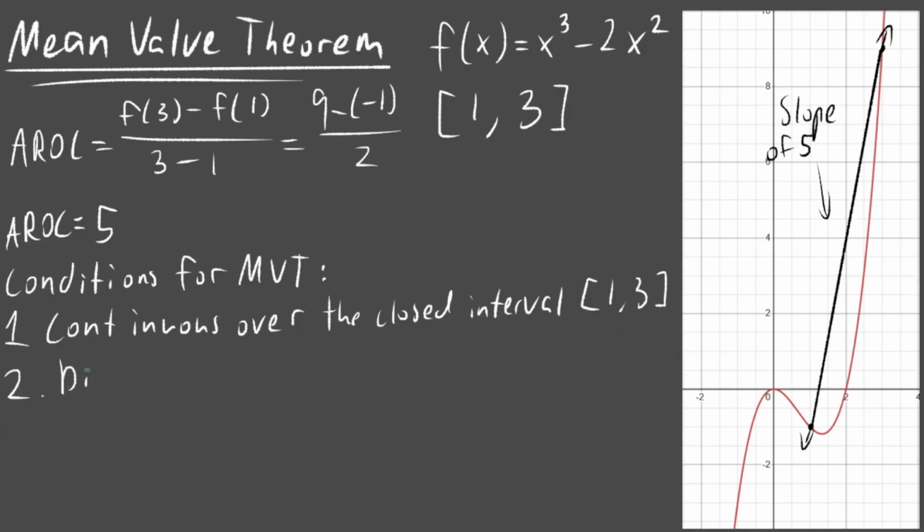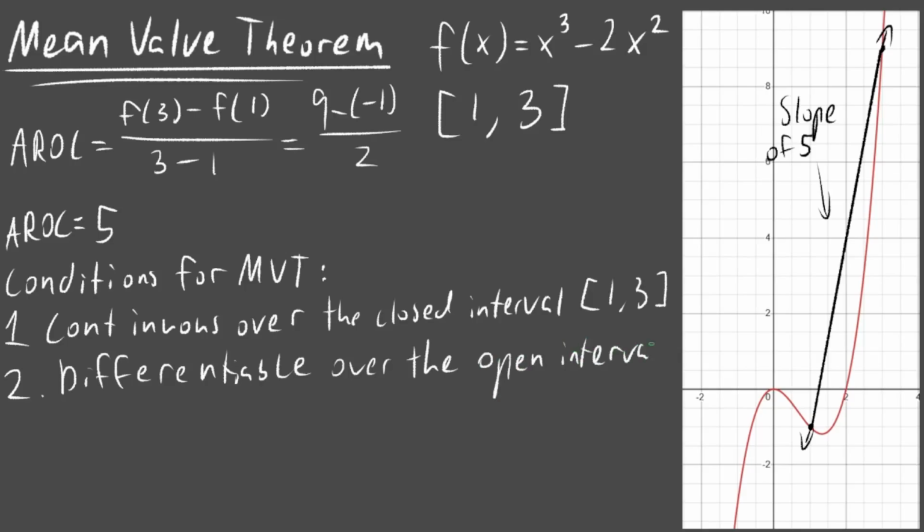We also have to be differentiable. I hope I spelled differentiable right. Now we have to be differentiable over the open interval. I ran out of space, so I'll just put it here: (1, 3). Okay, so we don't need it to be closed here. We just need to be differentiable over the open interval.